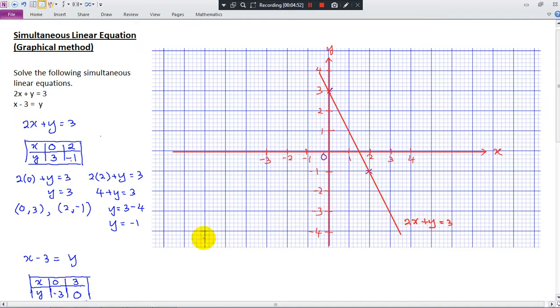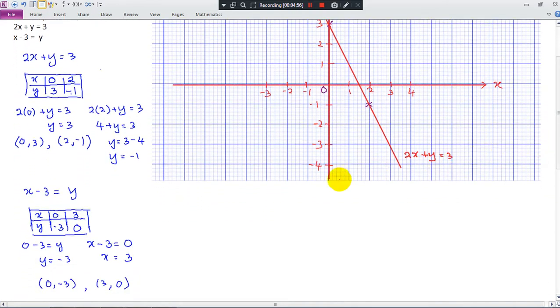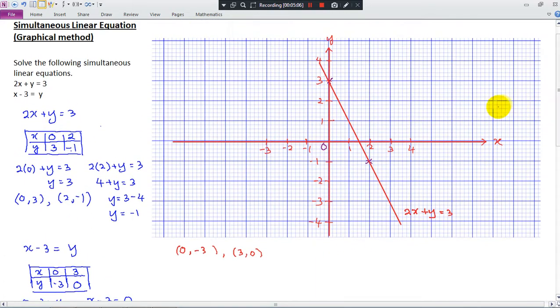We do the same thing for this one. Second graph. You have (0, -3), another one is (3, 0). (0, -3) will be here, and (3, 0) will be here.